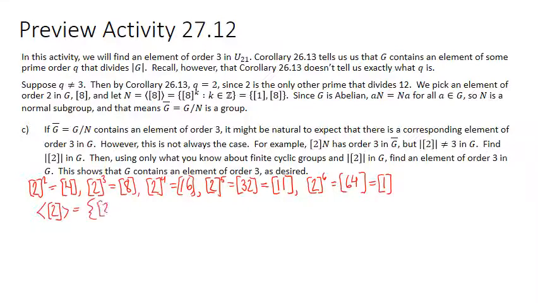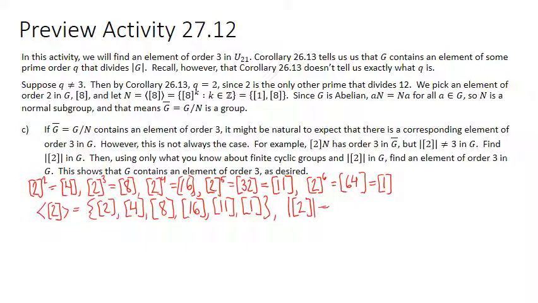So it's 2 itself, that's the first power, and then it's 4, and then it's 8, and then 16, and then 11, and then 1. So the order here of 2, which is the same as the order of the subgroup that it generates, is going to be 6.